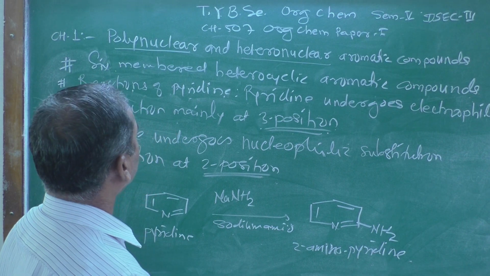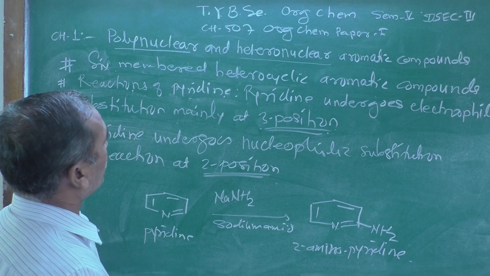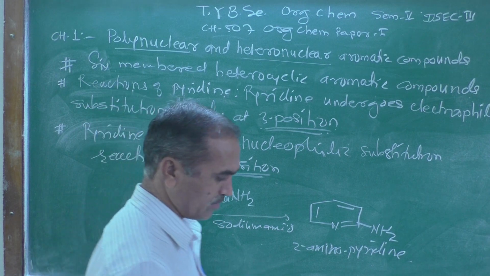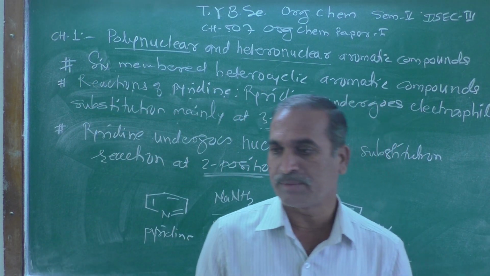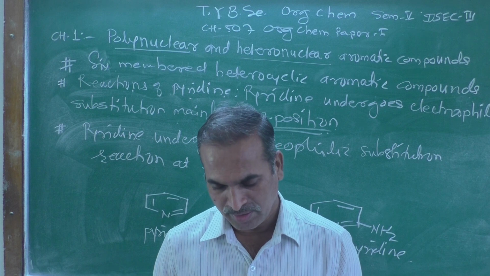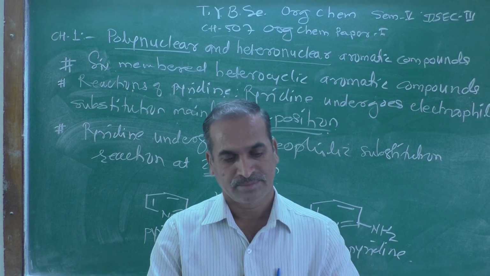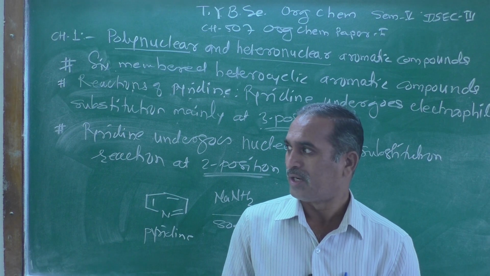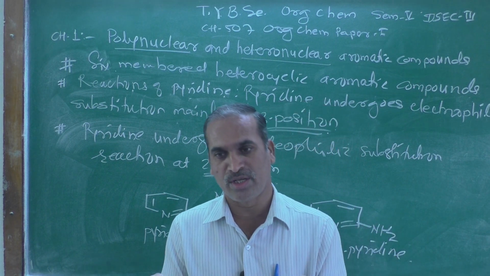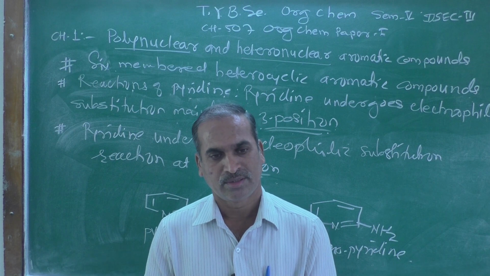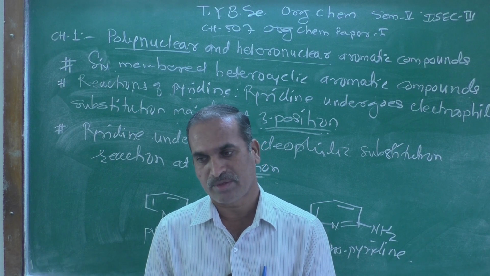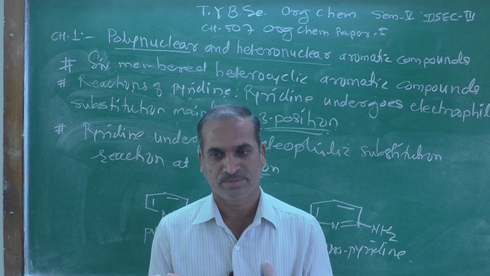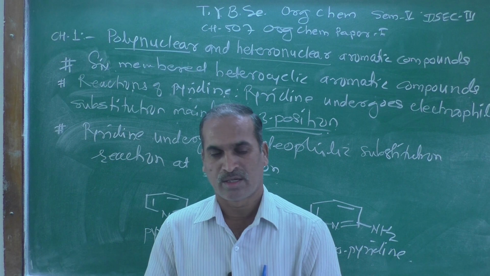I think this is what we can call chapter number 1, in which we have studied polynuclear and heteronuclear aromatic compounds. Let me recap the whole chapter. The name of this chapter is polynuclear and heteronuclear aromatic compounds. What do you mean by aromatic compounds?